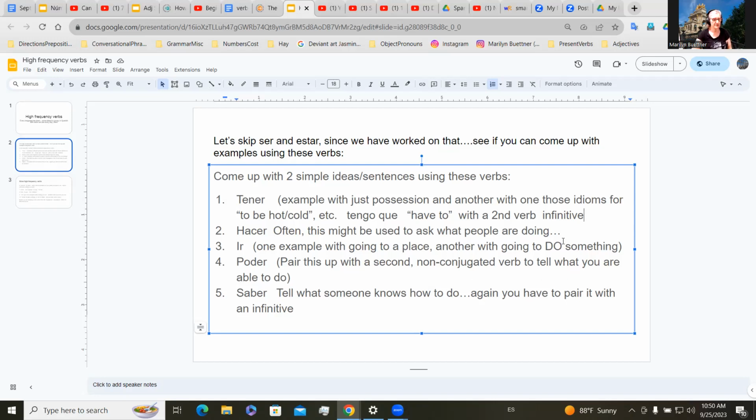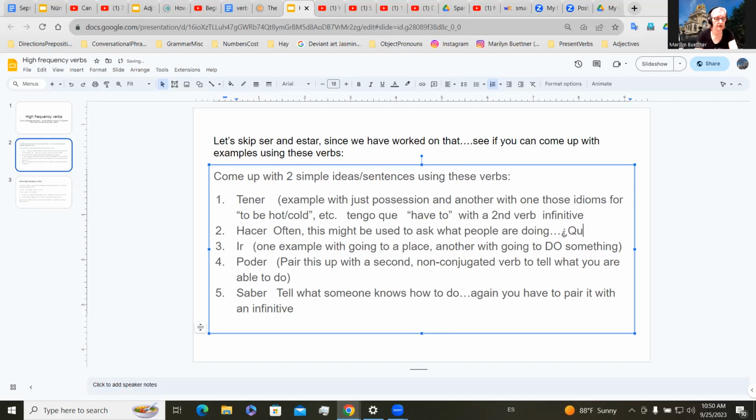Vale. Bueno, hacer. Any examples with hacer? How would you ask somebody? ¿Cómo se expresa la idea de preguntar a alguien? How would you express the idea of asking somebody, what are you doing? ¿Cómo se dice, what are you doing?